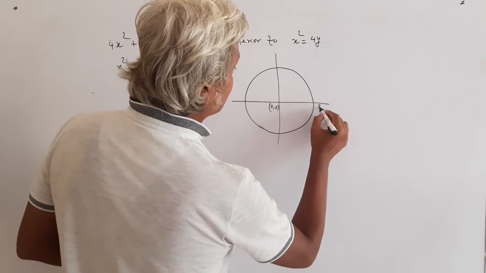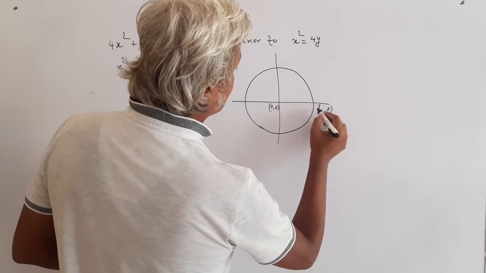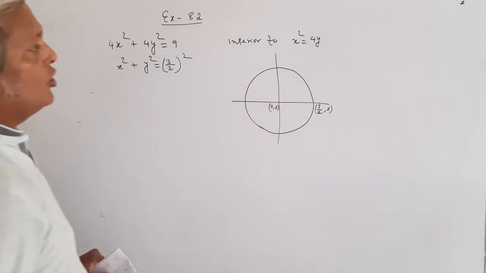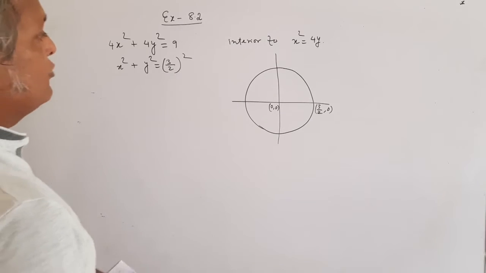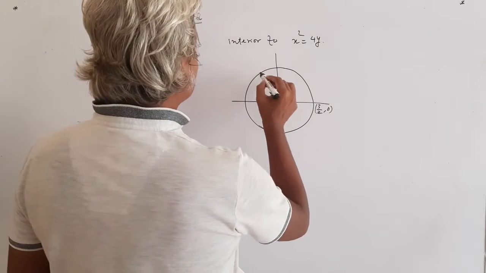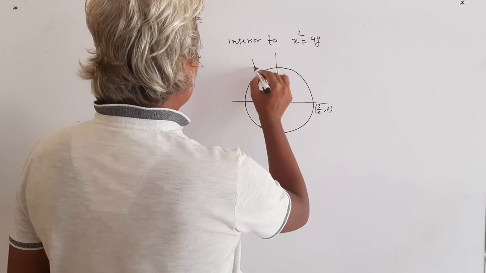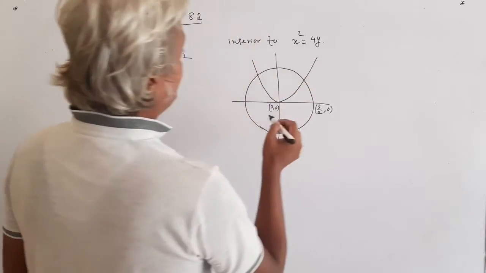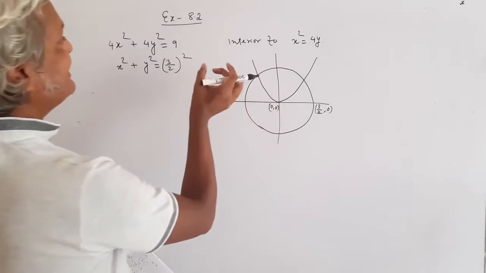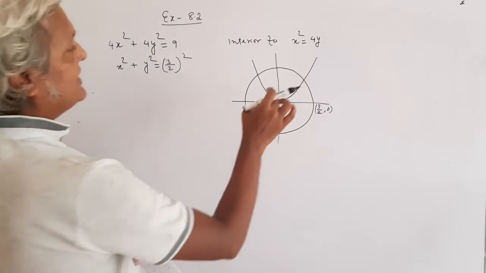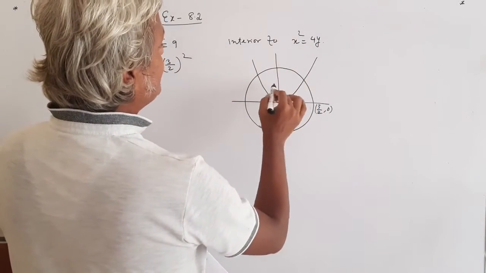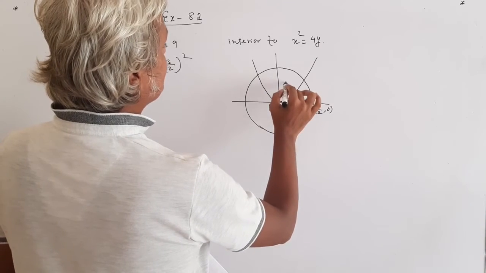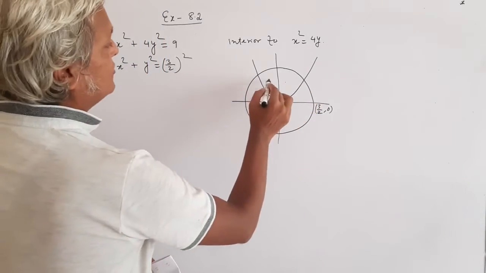We'll write here 3 by 2 comma 0, and then we have to plot x square equals 4y, which will be like this. It says interior to x square equal to 4y, which means I think this is what they are asking for, these two.